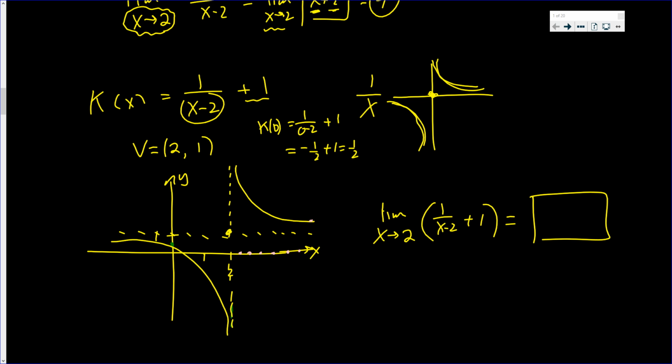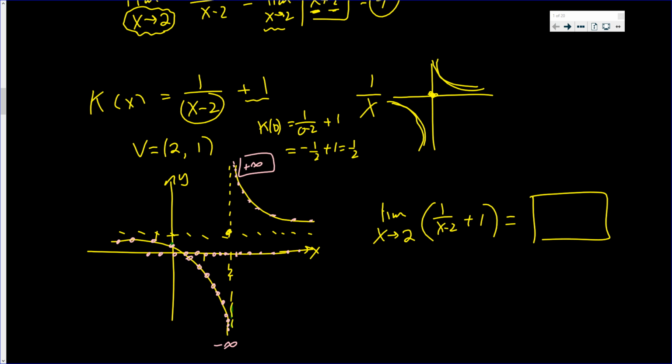If you approach 2 from above 2, it looks to me like it's going to plus infinity. But now, if you approach 2 from below 2, getting closer and closer to 2, but those numbers are all less than 2, as x gets closer and closer to 2, it's going to negative infinity.